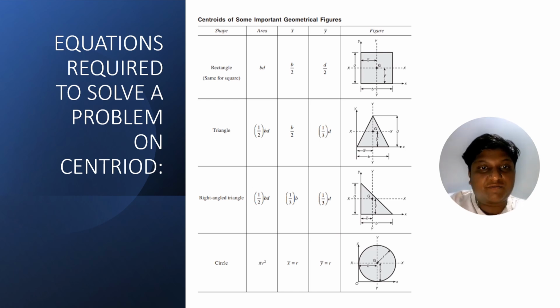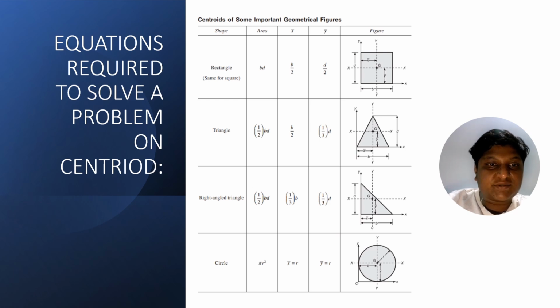The formula of x bar for a rectangle is b by 2, which is breadth by 2. Then after the x bar we find the y bar. Y bar is the centroidal distance from the y axis. The formula for a rectangle is d by 2.